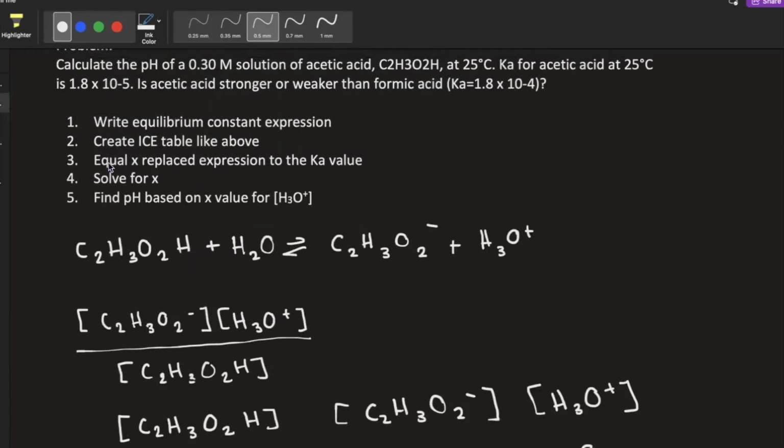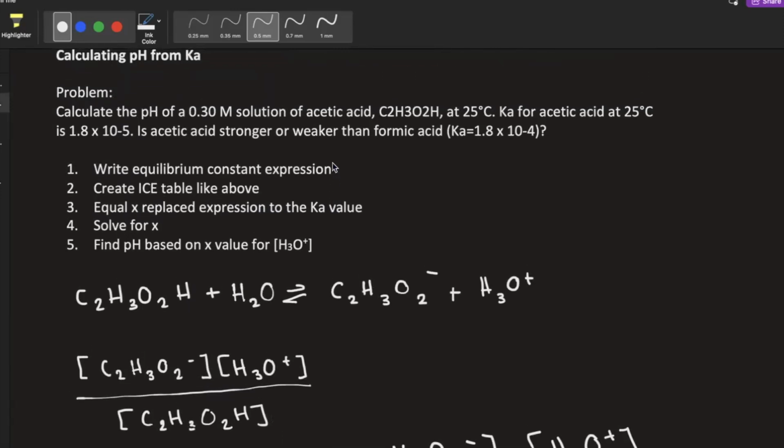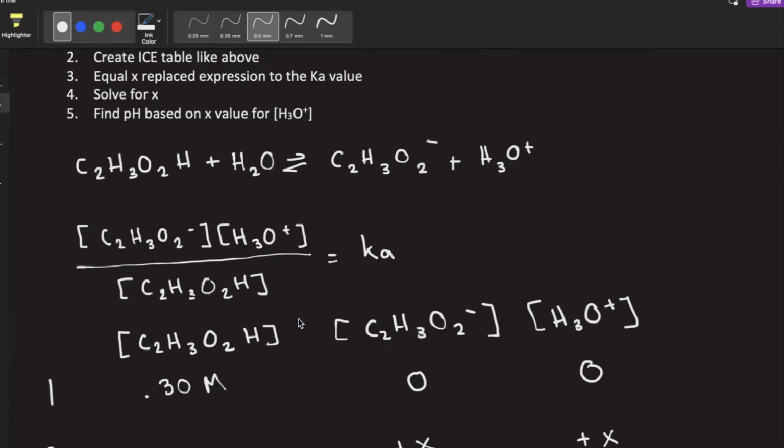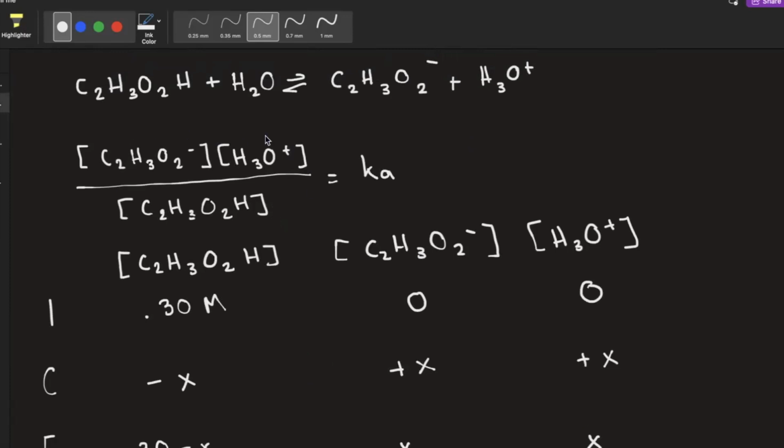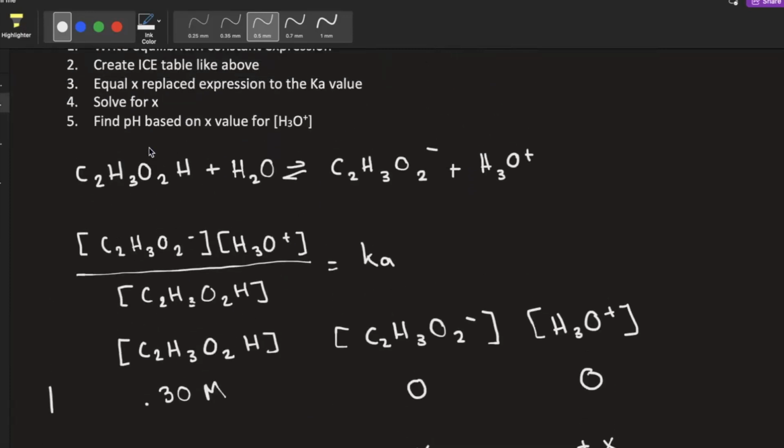The third step is going to be to set the x-replaced expression equal to the Ka value. So we know that Ka is equal to this expression. So what we're going to do is replace our values, 0.30 minus x, x, and x, into this expression. I'm going to do that right here.